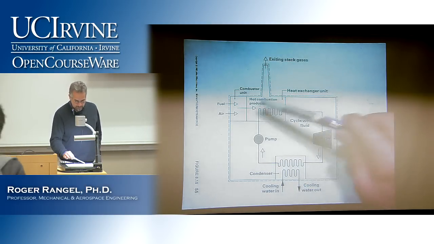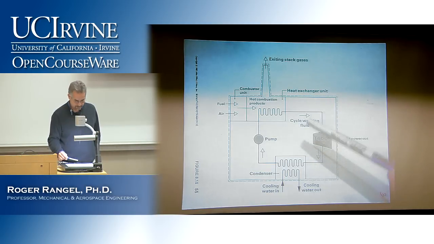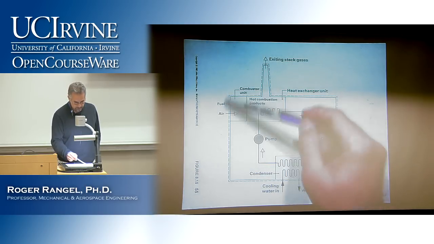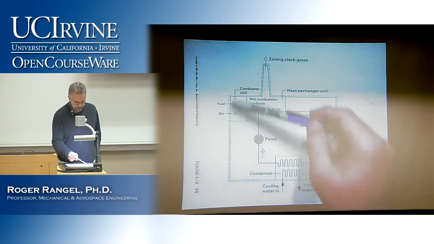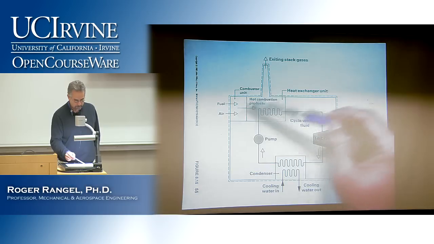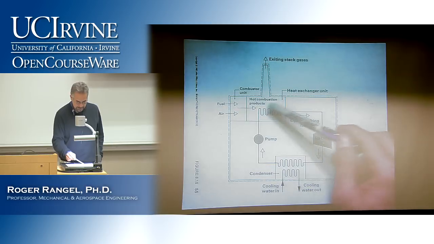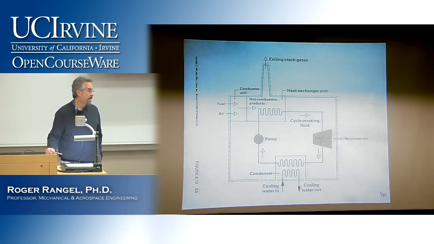So this is a simple schematic of a power plant. It has really four main devices. It has a so-called combustor unit up here, where fuel is mixed with air, for example, burned, to produce high temperature combustion products, and then that high temperature is used to create steam.